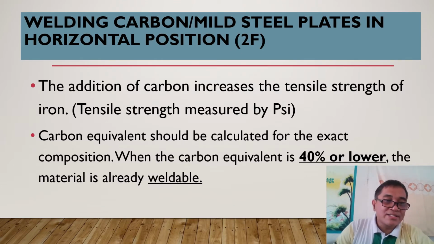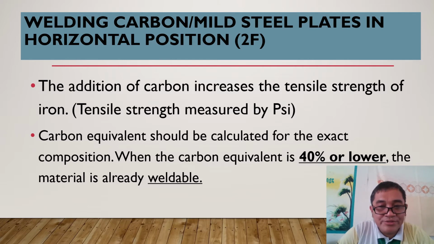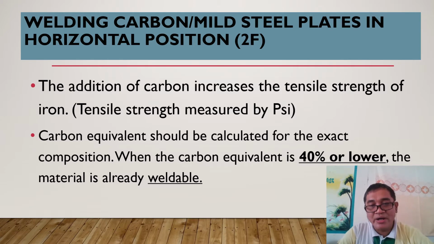Maybe you will ask, what is the purpose of carbon in the steel? The addition of carbon increases the tensile strength of iron. So what is tensile strength? Tensile strength is the hardness of the material or of the steel. It is measured in PSI.